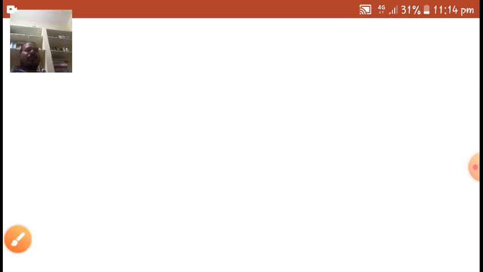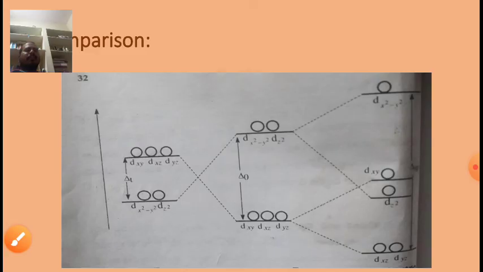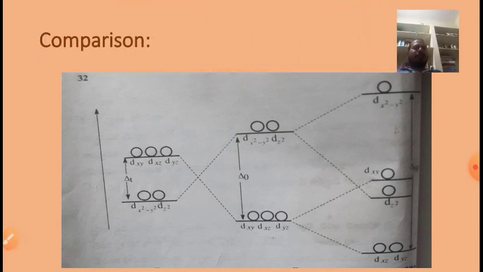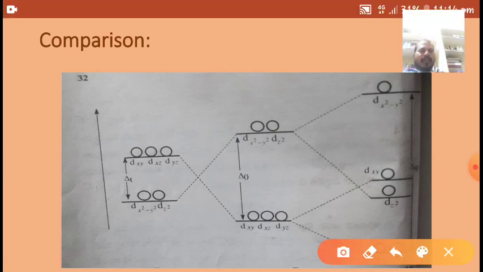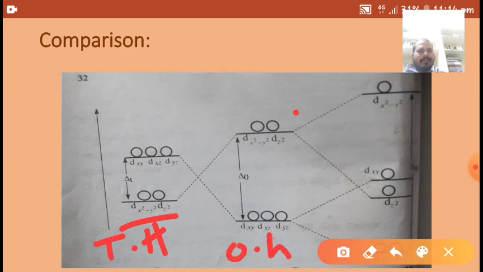So if we compare all these splittings here, I am comparing all these things here. Here it is Eg, that's why it is tetrahedral splitting. Here Eg and T2g, it is octahedral splitting. And here it is square planar.